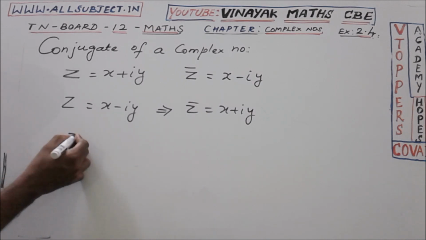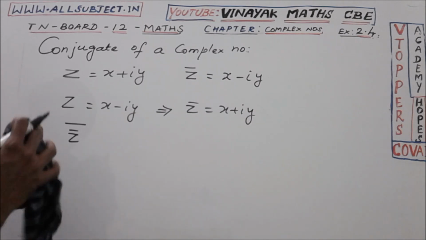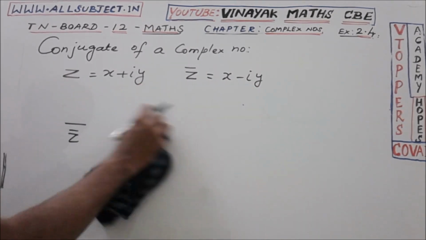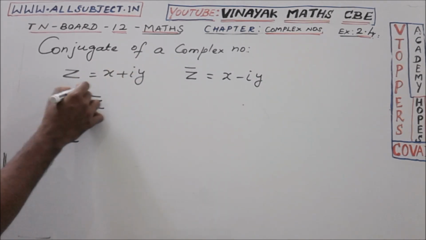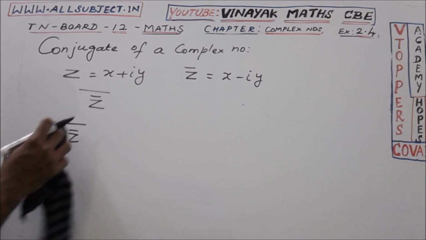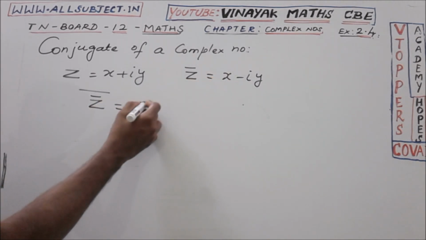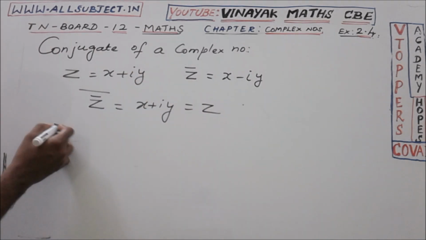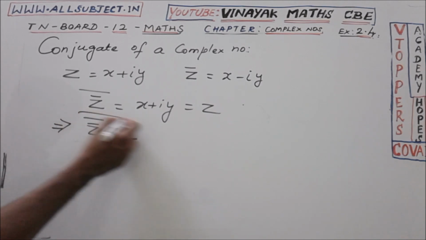Now z bar whole bar. Suppose I have taken z equal to x plus iy and z bar equal to x minus iy, then z bar whole bar, the conjugate of a conjugate, will be equal to x plus iy again, that is equal to z, which implies z bar whole bar equal to z.